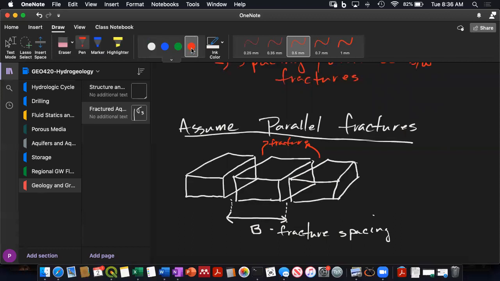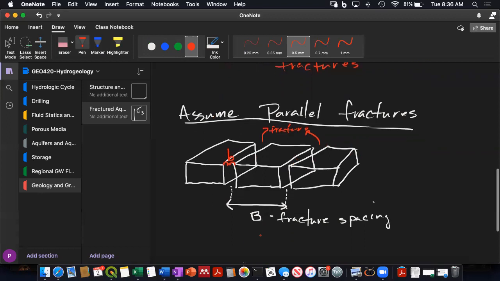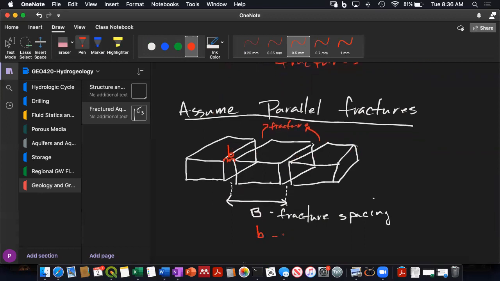And each of these fractures has a known, well, maybe it's not known, but has an aperture. So this distance here is little b, and little b is the fracture aperture. That's just the width of the fracture.